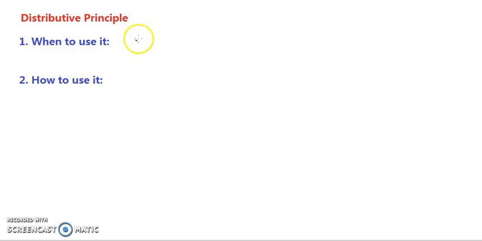So we have something, let me just draw a box to represent something, times. So this has to be a times, and then we must have parentheses, and inside the parentheses we must have a plus sign between them. So we have something plus something here.